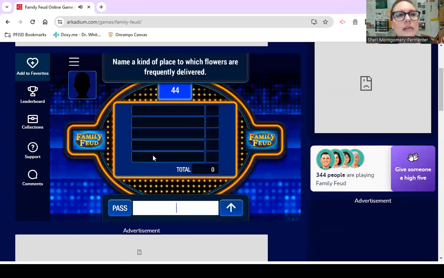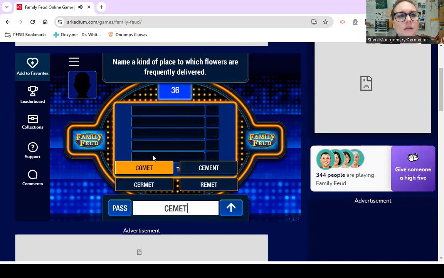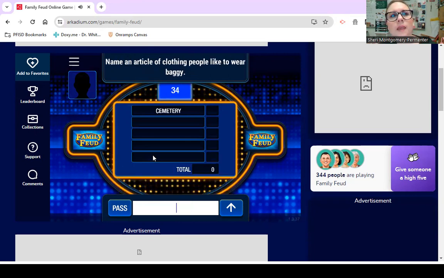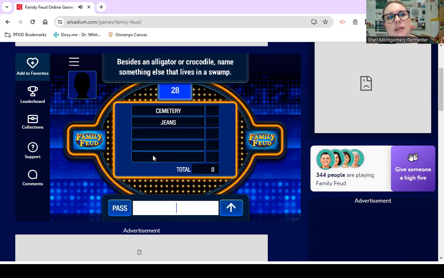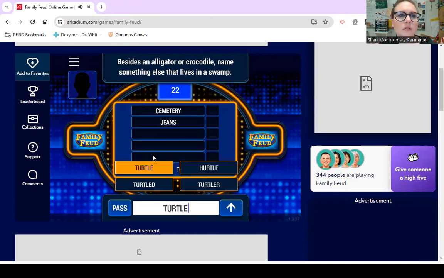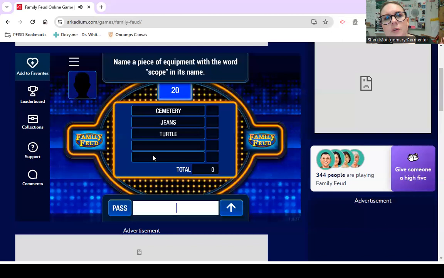Fast money round. Name a kind of place to which flowers are frequently delivered. Name an article of clothing people like to wear baggy. Jeans? Besides an alligator or crocodile, name something else that lives in a swamp. Turtle. Name a piece of equipment with the word scope in its name.